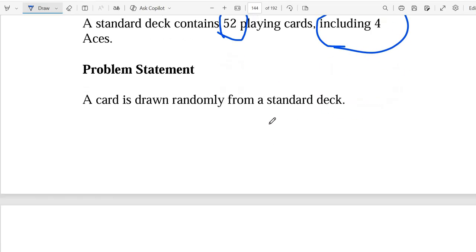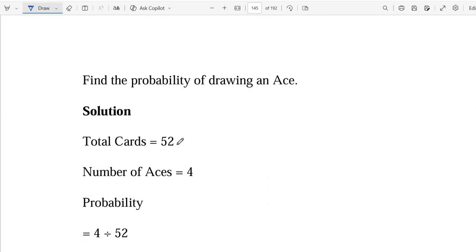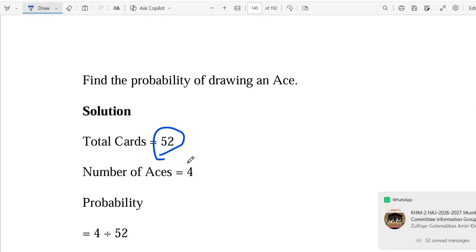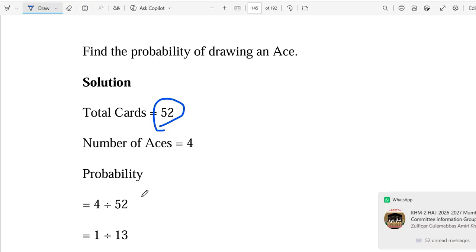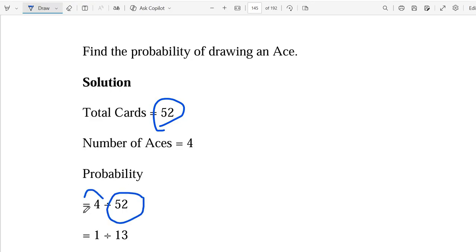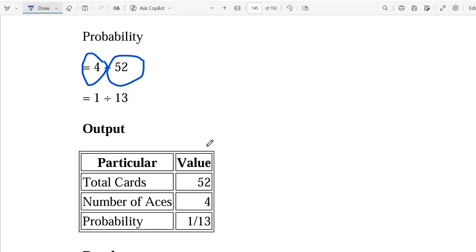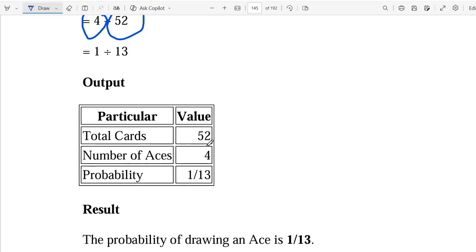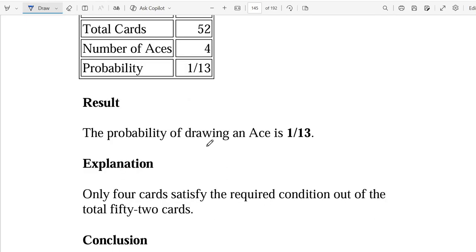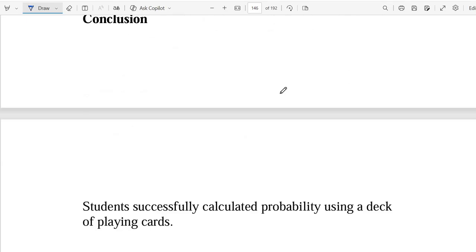So total cards are 52, number of aces is 4. So 4 divided by 52, that is 1 by 13, right? So the probability of drawing an ace is 1 by 13, right?